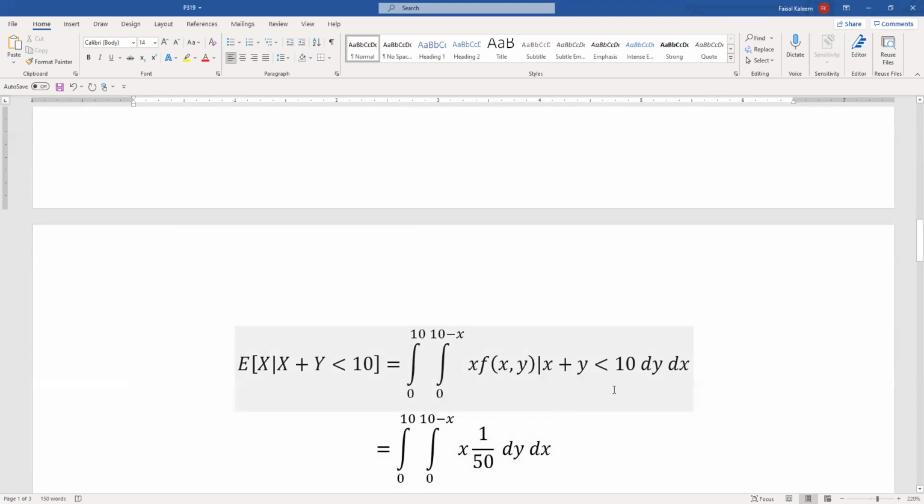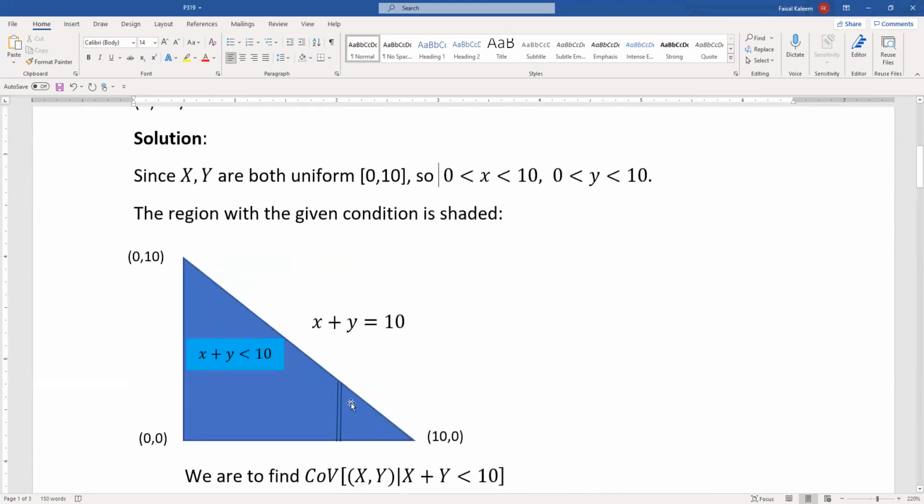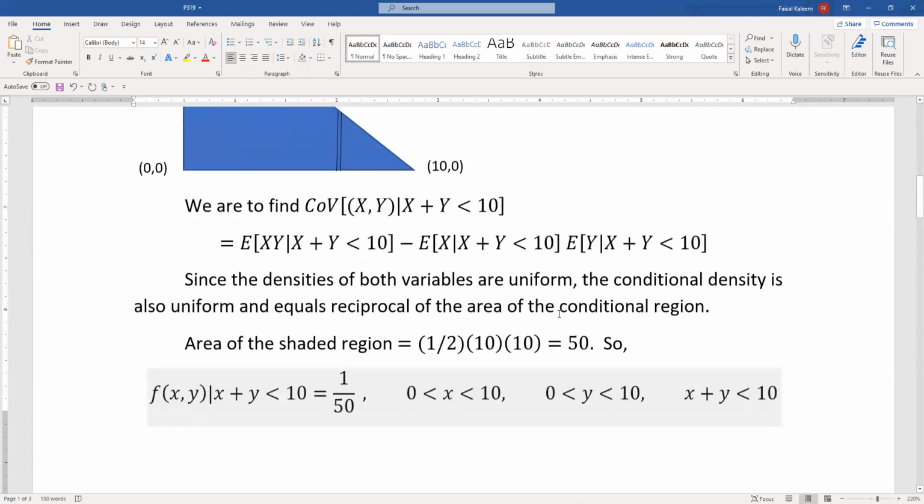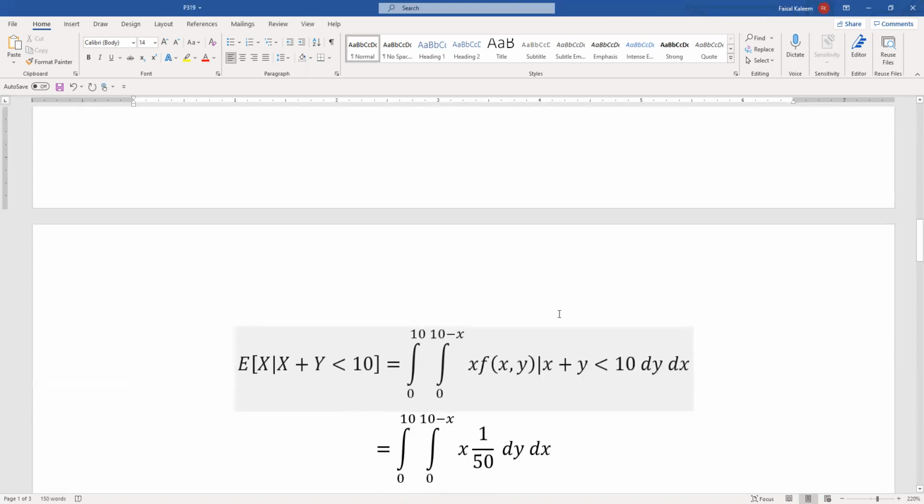Now let's understand the region. If you go dy first, then you have to go a vertical strip, and y is 0 at the bottom of the strip, and at the top of the strip y is 10 minus x from this equation. So y goes from 0 to 10 minus x, and x goes from 0 to 10.